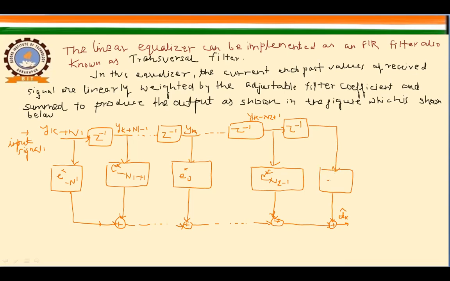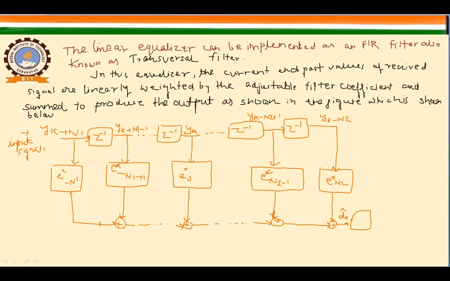If it's greater than, then distortion will be taking place. N minus 2, the output of this transversal equalizer filter is coming in this block.